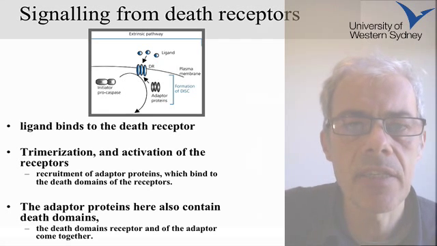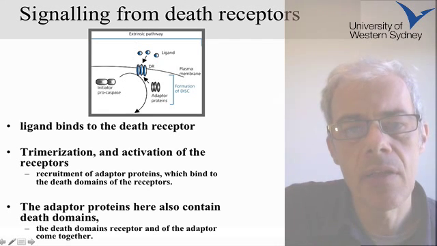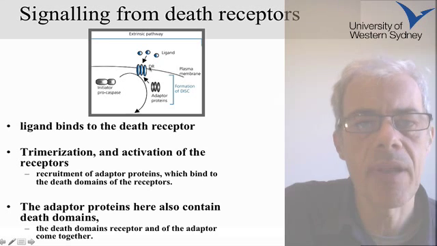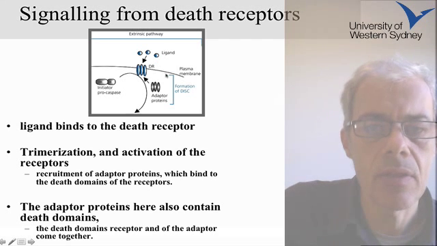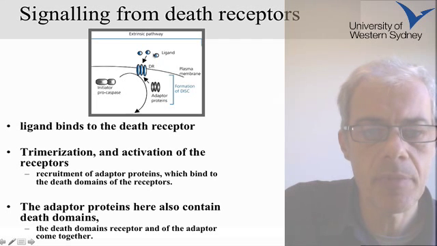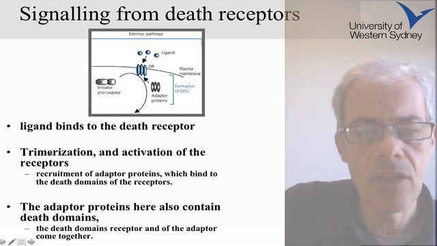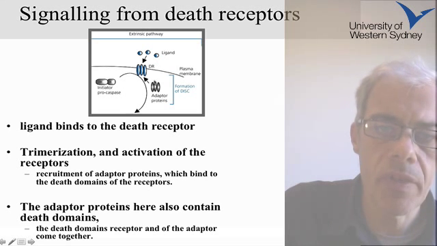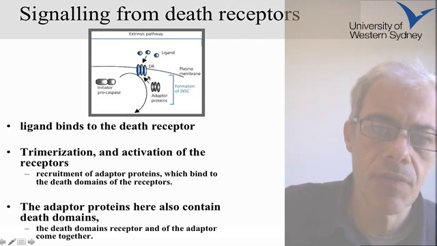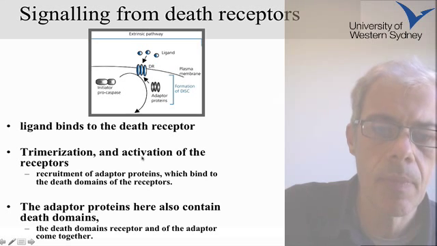So here's a schematic from the textbook showing one of these death receptors on the plasma membrane. Now the series of events is that a ligand binds to these death receptors. This causes a trimerization of these death receptors. So a collection of 3 of these receptors come together.